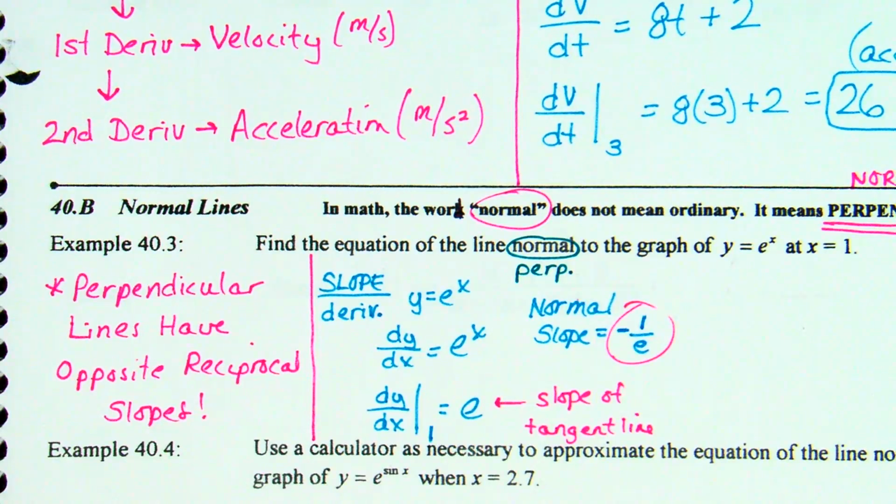What else do I need to write a line besides a slope? Okay, a y-intercept, or generally speaking, generalize more. Does it have to be the y-intercept? Even to get the y-intercept, we have to have some kind of point on the line. How can I find a point on the line? Or a point on the curve, I should say.